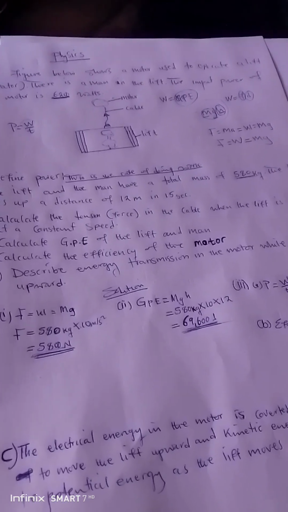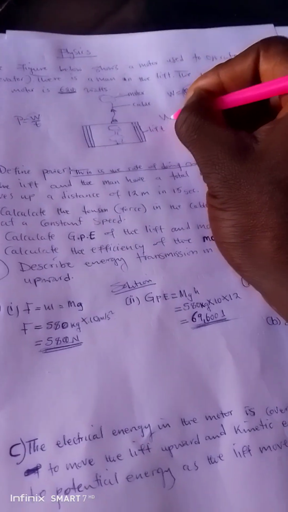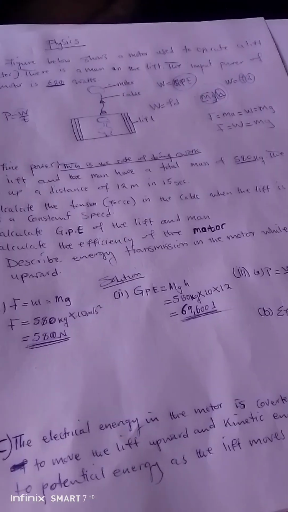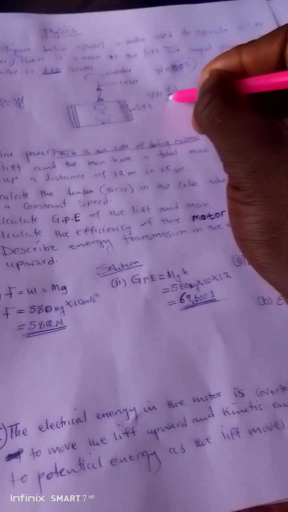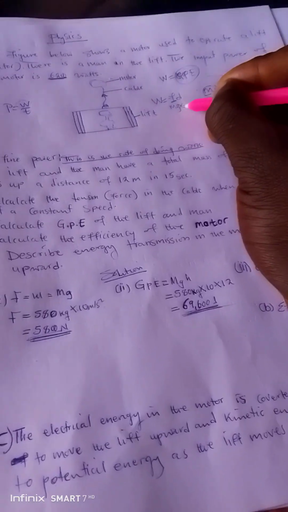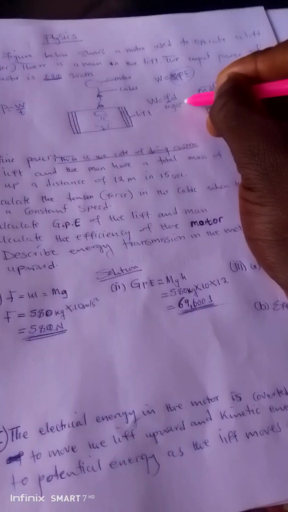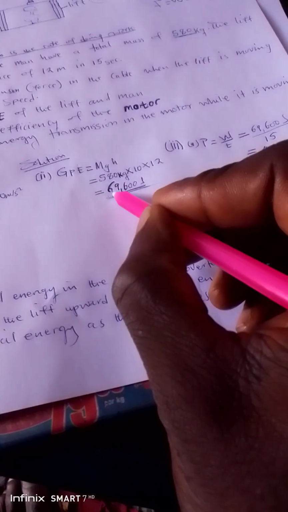Or if you want to calculate work done alone, we can simply say work done is equal to FD, force times distance, where the force is calculated as mg, multiplied by the same 12 meters, whereby you are going to find the same answer of this one.